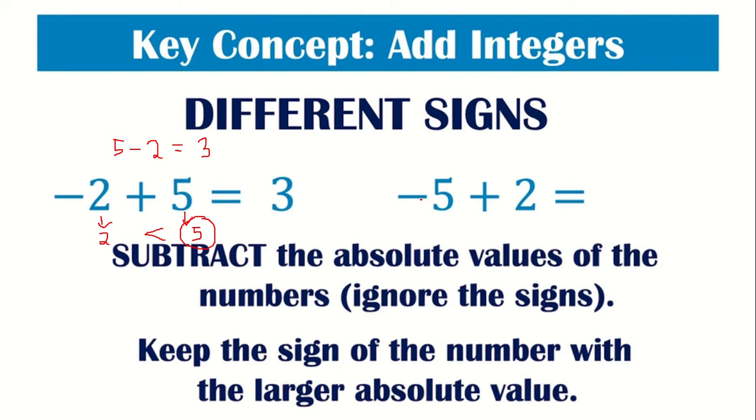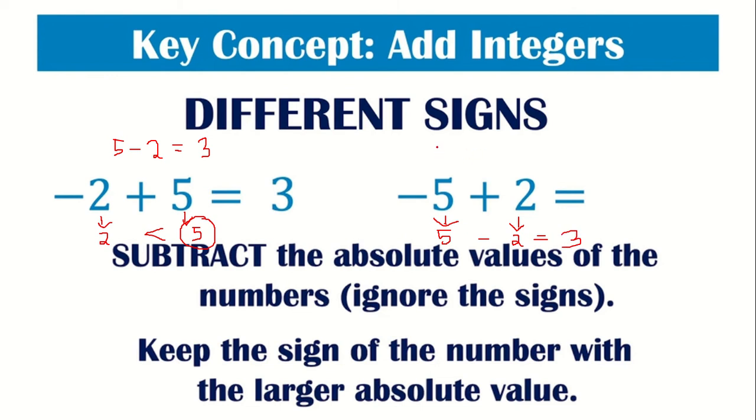If the given is negative 5 plus 2, again, first rule is to get the absolute value of each number and subtract them. Absolute value of negative 5 is 5. Absolute value of 2 is 2. 5 minus 2 is 3.